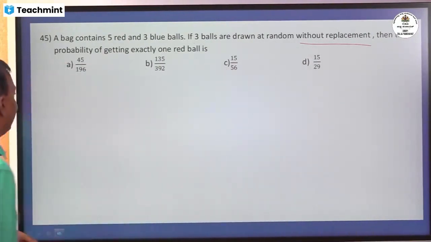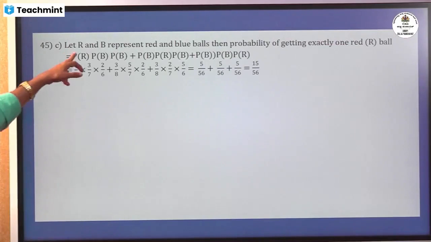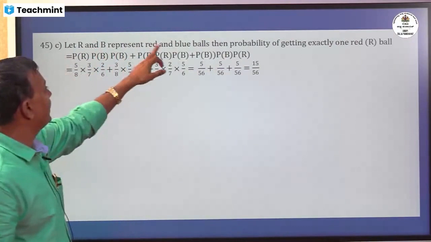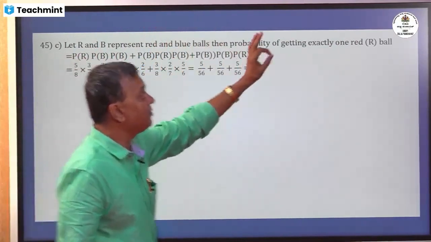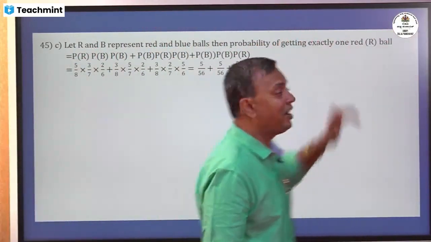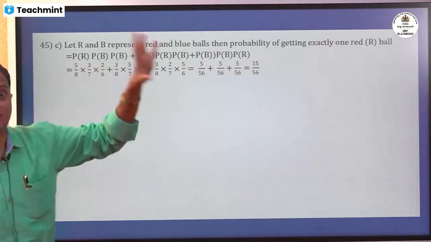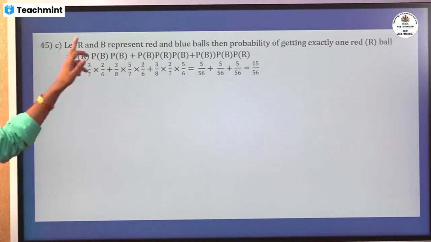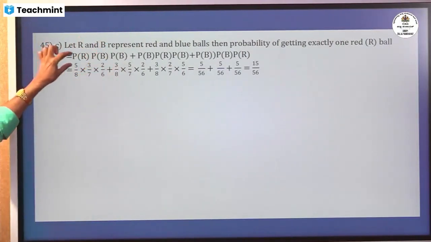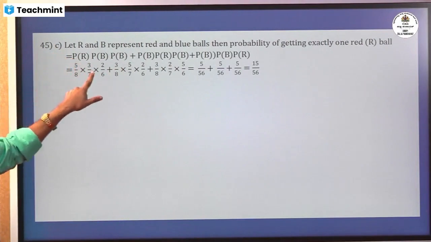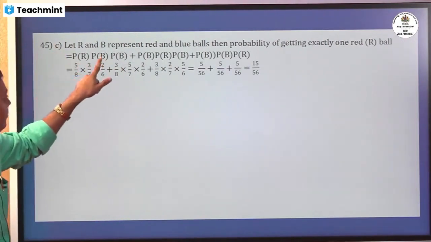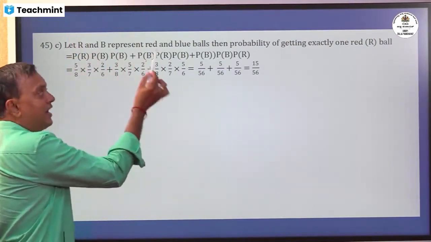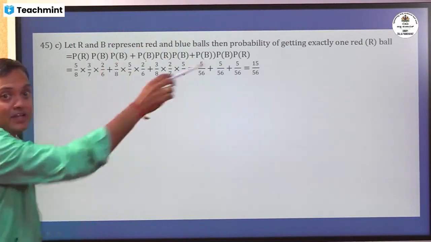So let R and B represent the red and blue balls. Then the probability of getting exactly 1 red ball is like this. All are independent events. So probability of red ball, then probability of B, probability of B. Here, first ball red, second ball blue, third ball blue; or first ball blue, second ball red, third ball blue, by the multiplication rule.